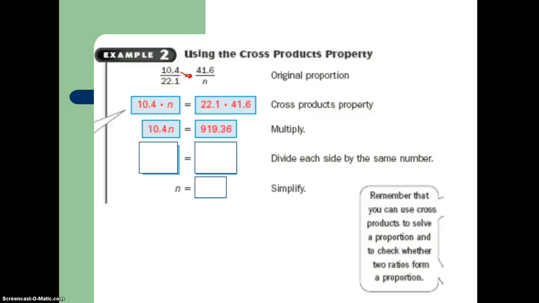Now, remember my steps. One, do my cross products. Multiplying is just simplifying, but I'm going to count it as a step. And 2, divide each side by the same number, the number on the side with the variable. So divide by 10.4, and you get 88.4.